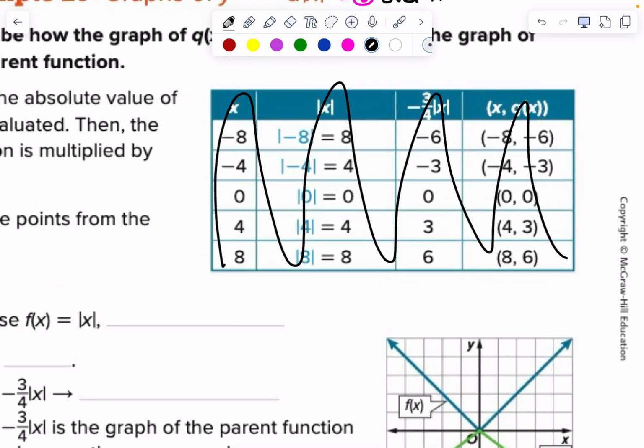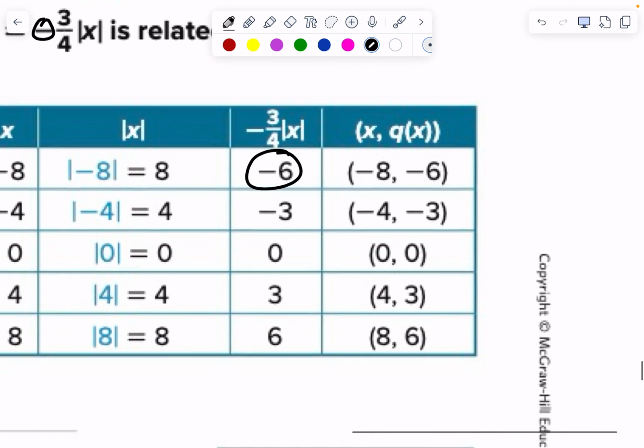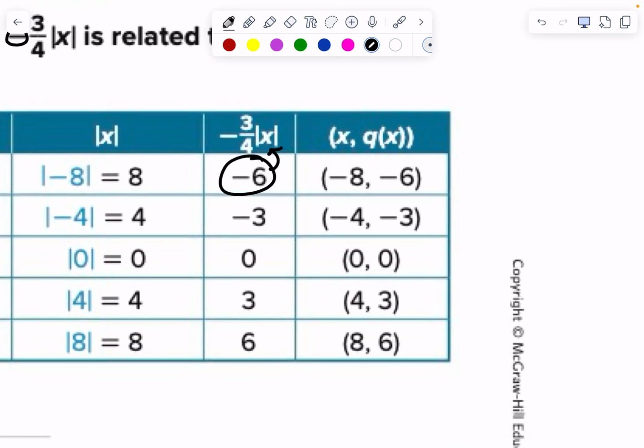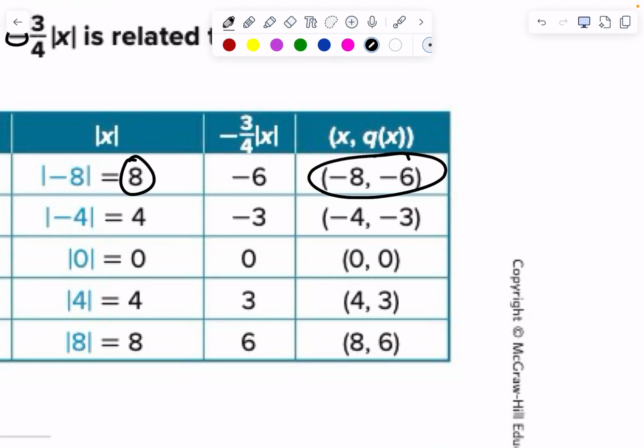They plug numbers in. So they said, let's plug in -6. If I plug him in here, the absolute value of -6 is 6, and 3/4 of 6 is like 4.5 or something like that. I don't even know what they plugged in. They just made a table and then plotted those points. Boo.